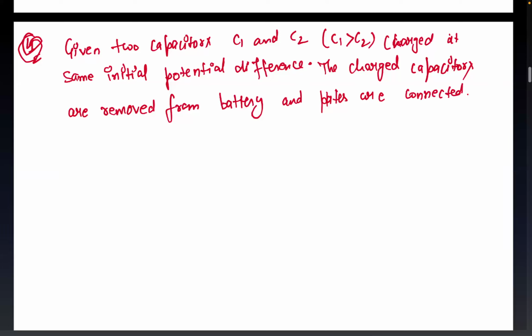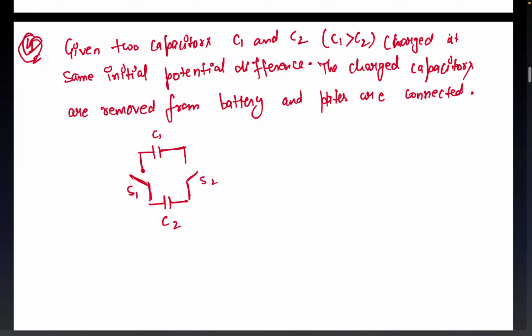I will just make the configuration below. Let's say this is the configuration: C1, C2, two capacitors are there. This is switch one, this is switch two.